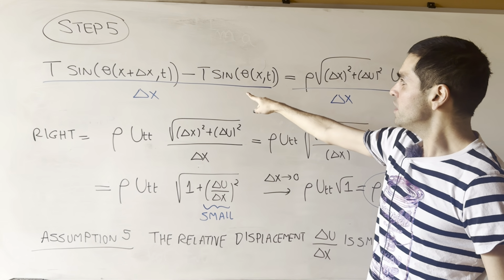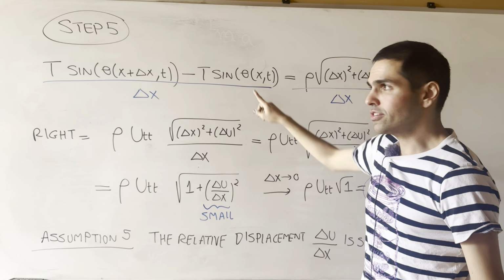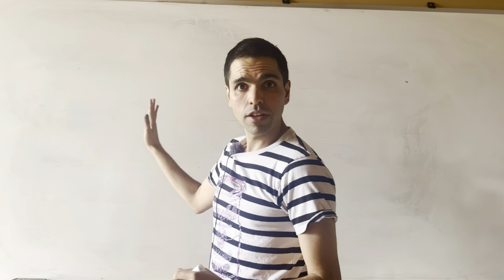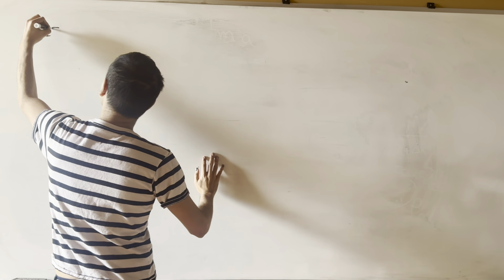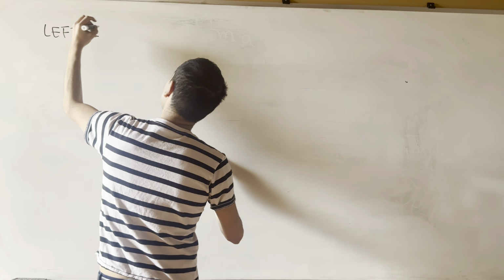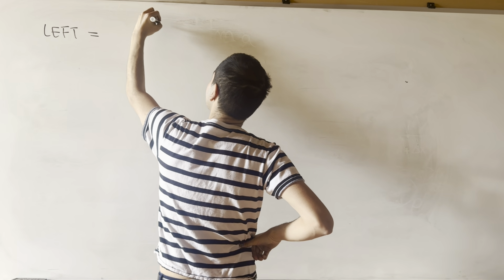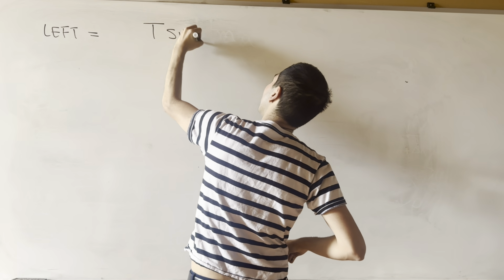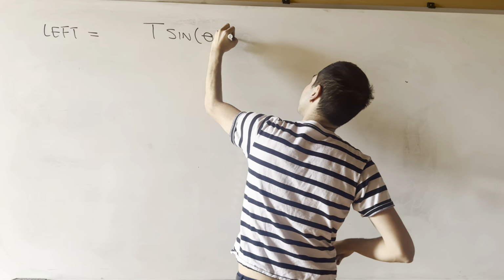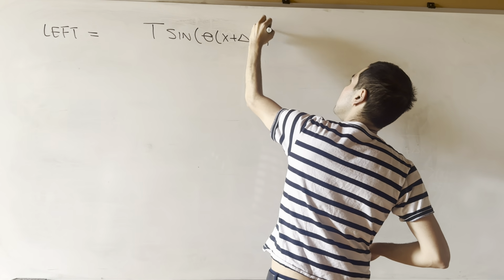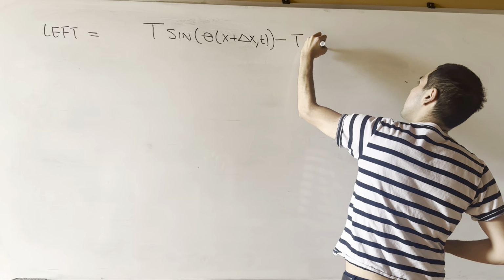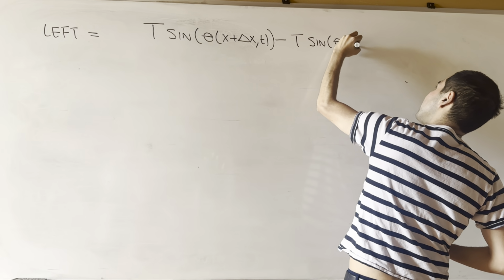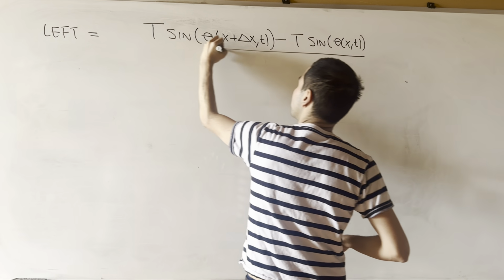So now all we need to do is to study this term. So that was the right. Now let's study the left, which is, remember, T sine of theta of (x plus delta x, t) minus T sine of theta of (x, t) over delta x.